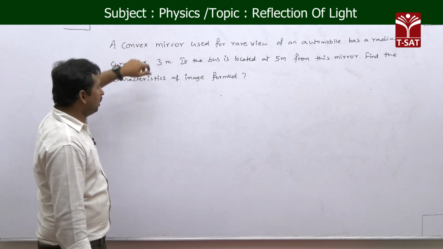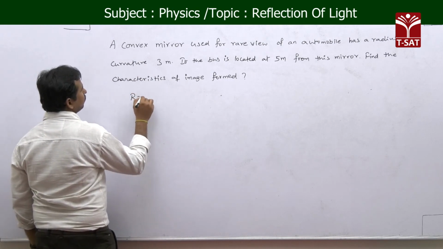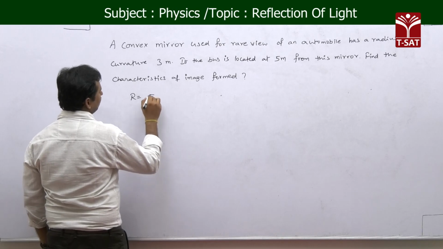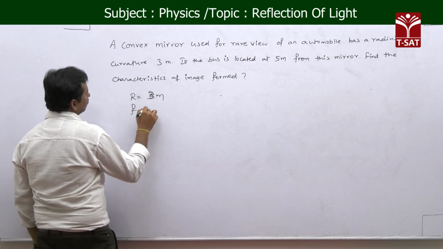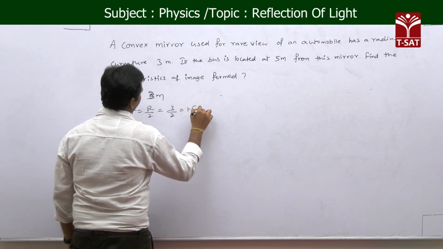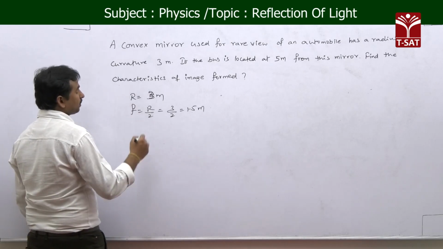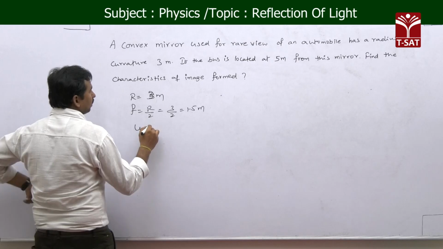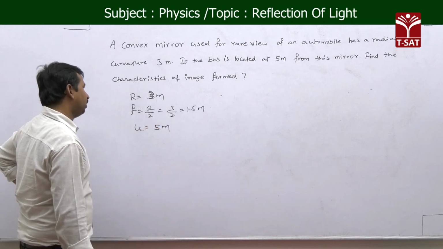The radius of curvature is given as 3 meters, then its focal length becomes r by 2, which is 3 by 2, that is 1.5 meters. The bus, which is acting like the object here, is at 5 meters from the mirror, so we got the u value also.